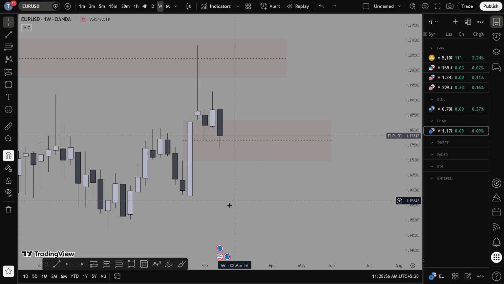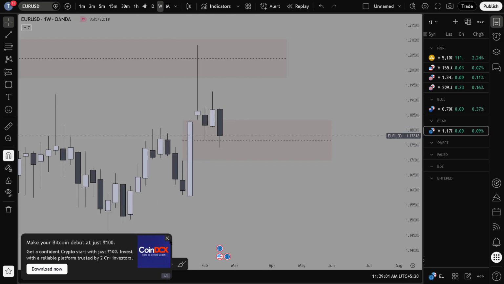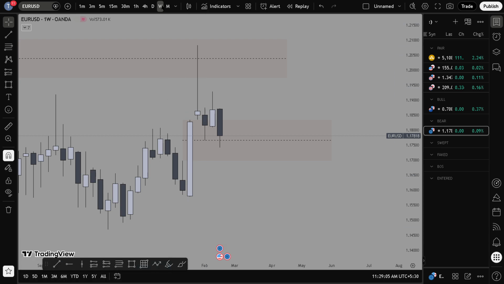There are many possibilities. Based on this projection, with my knowledge, I cannot predict exactly what's going to happen. So what do I think first? Maybe in the coming week we might fill this gap totally, and in March we're going to take this low. That's one possibility.